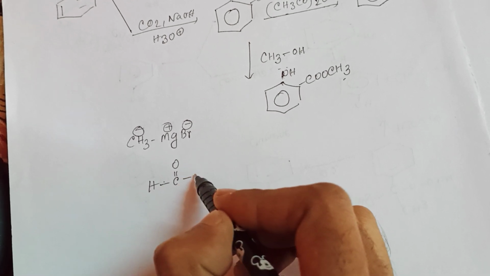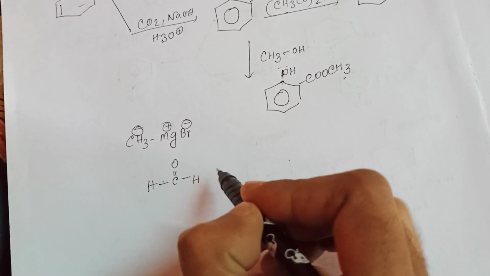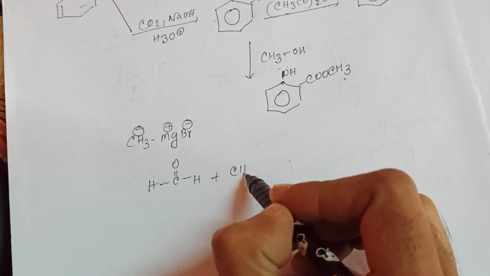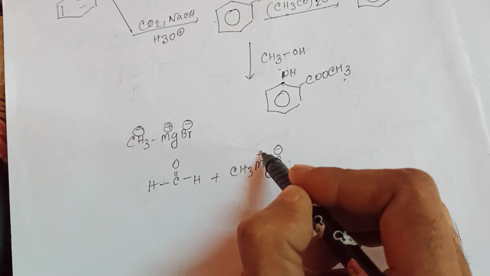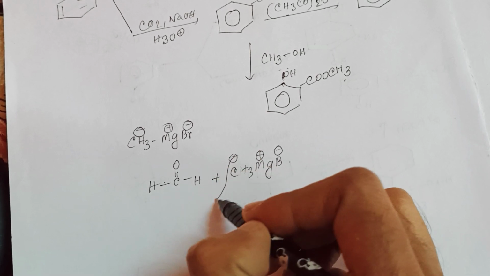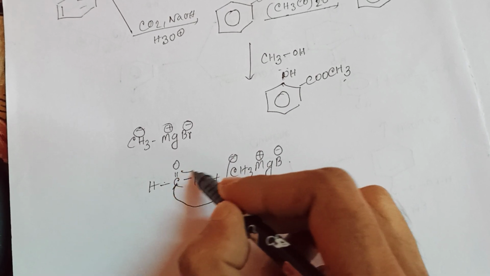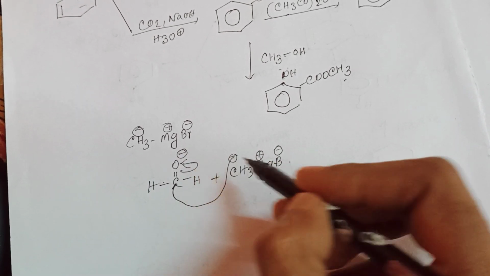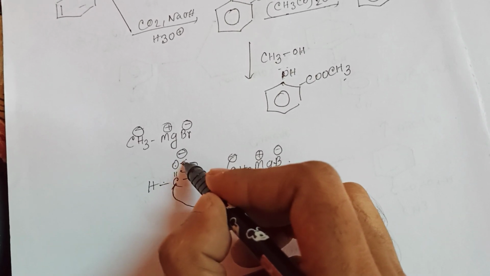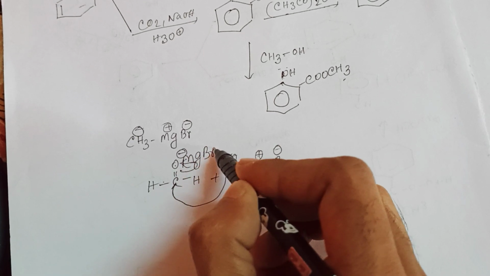When the Grignard reagent CH3MgBr reacts with formaldehyde, the negative carbon attacks the positive carbon, and the oxygen becomes negative. Then MgBr attaches to the oxygen.